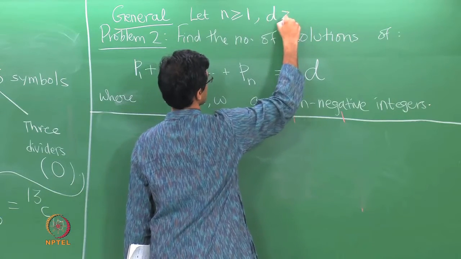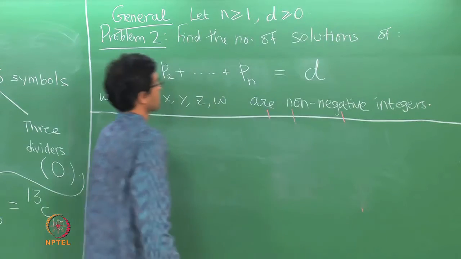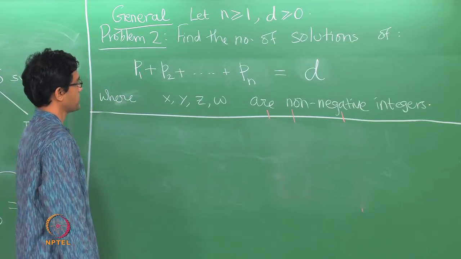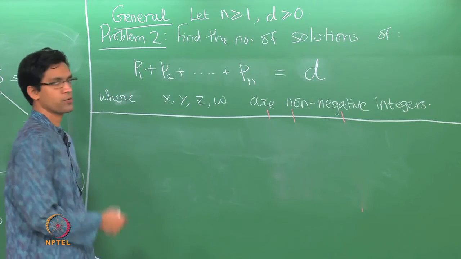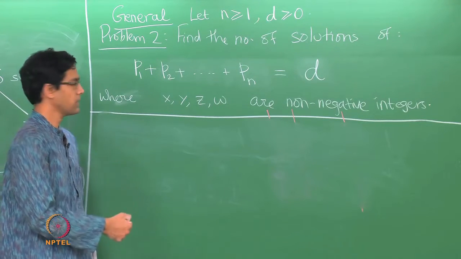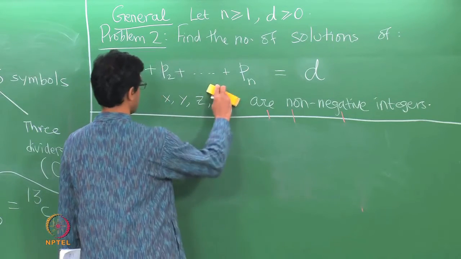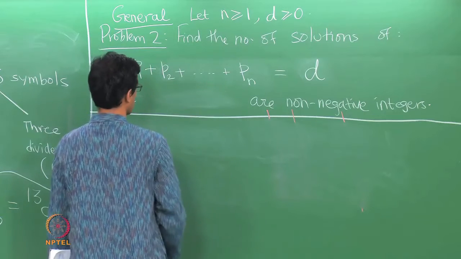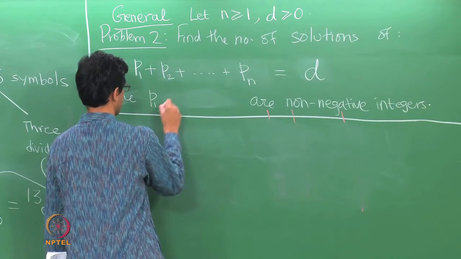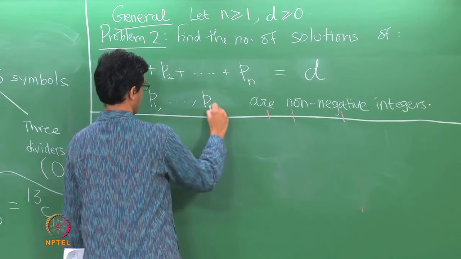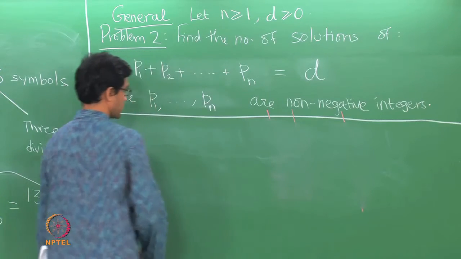Let d be some non-negative integer, and the question is, find the number of solutions of the equation p1 plus p2 plus p3 till pn equals d, where all the pi's are required to be non-negative integers.